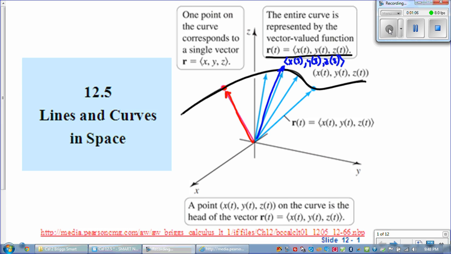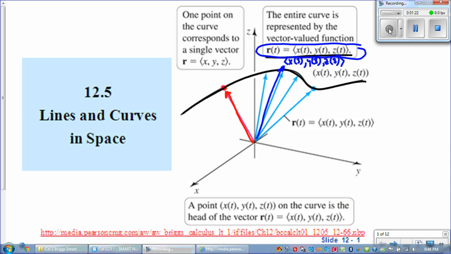And so that point would be x3, y3, z3, and the vector, of course, has those components.